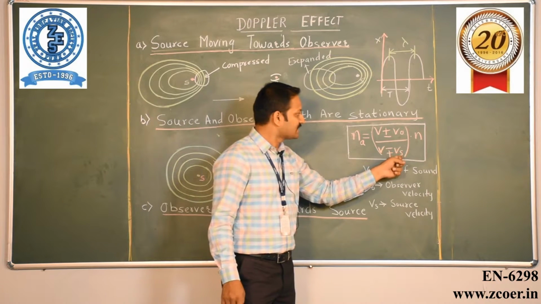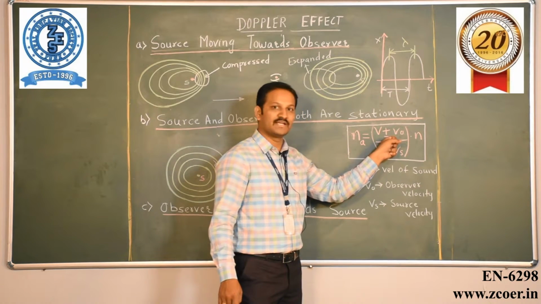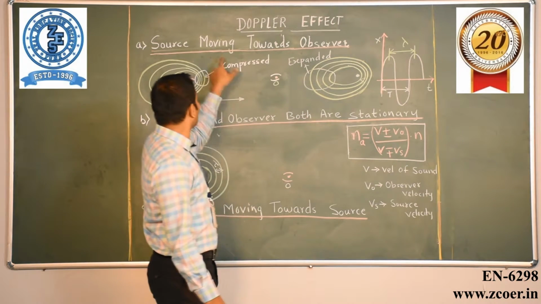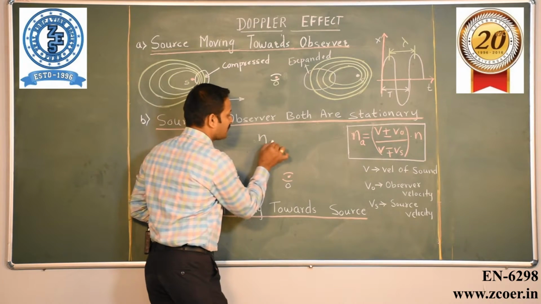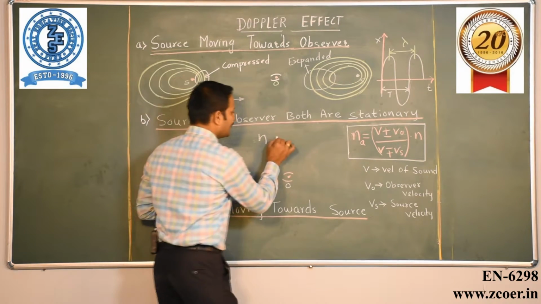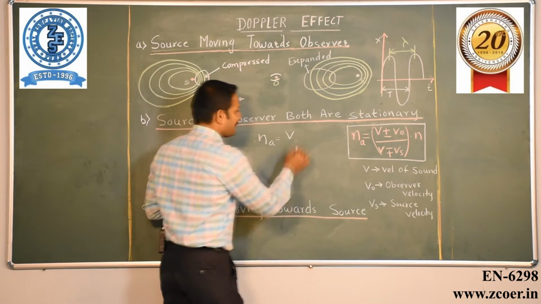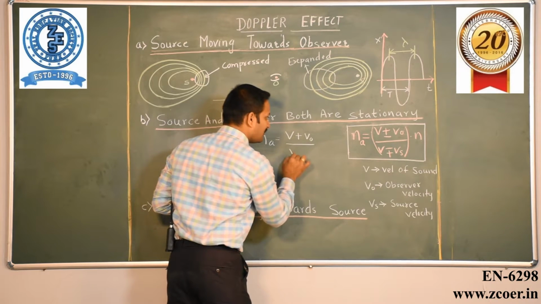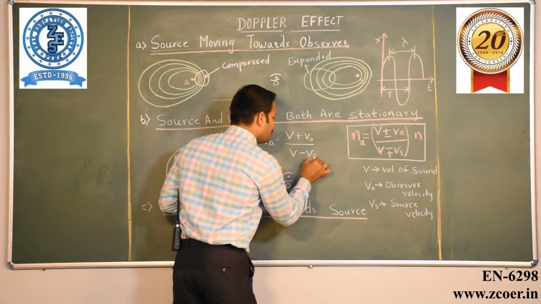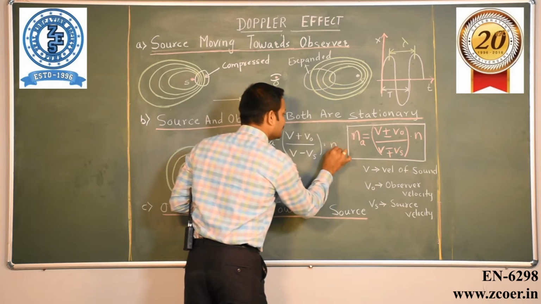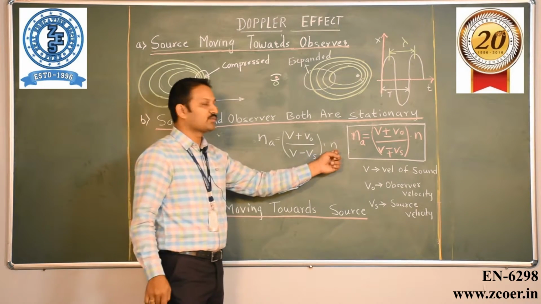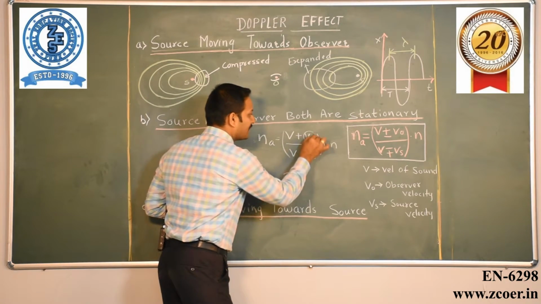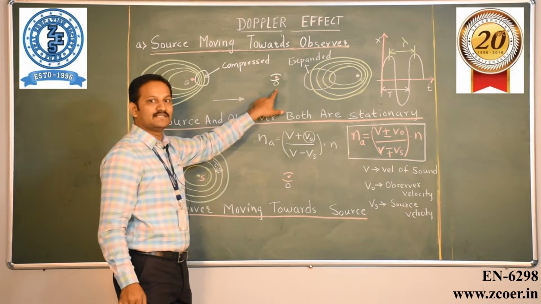So for this particular case, you have to use this formula, that is apparent frequency n' is equal to (V plus Vo) divided by (V minus Vs) into n, that is frequency of sound generated from that siren, where Vo becomes 0 as observer is stationary.